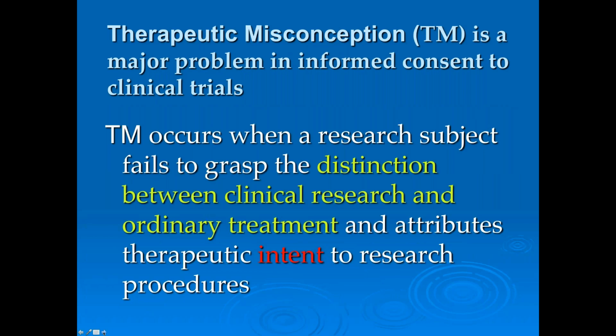It's broadly recognized as a major problem in informed consent with clinical trials, and every few years NIH puts out another request for studies of therapeutic misconception, because it is a problem that ethicists who deal with clinical trials worry about a great deal.